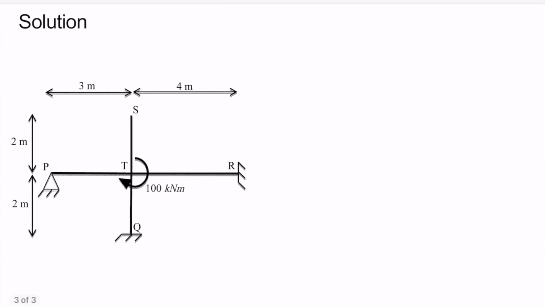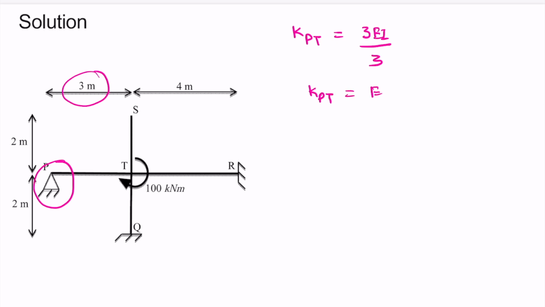Now let's find out the stiffness of member PT. So far end here is pinned, so it will be 3 EI divided by length of PT. Length of PT is 3 meter, so KPT comes out to be EI.